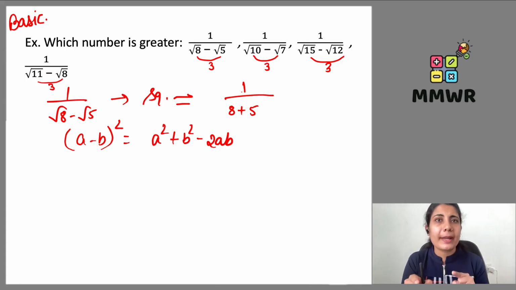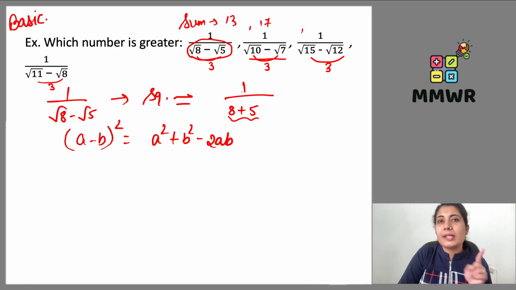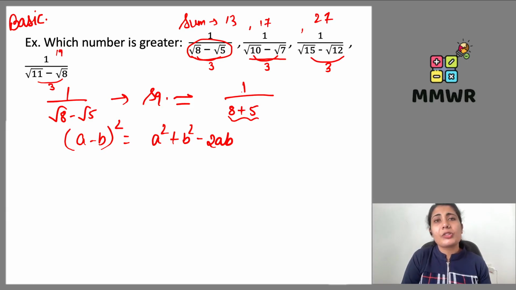So difference तो सेम आ रहा है पर एडिशन हो रहा है ना, यहाँ 8 प्लस 5 इज 13. सो यहाँ पर सम क्या है? 13. यहाँ पर सम क्या है? 10 प्लस 7 17. So sum is 13, 17 and here it is 15 plus 12, 27 and here it is 19. So sum is not same. अगर sum same होता तो हम इसको shortcut method वही वाली अप्लाई करके कर सकते थे. But sum is not same. The difference is same. So यहाँ पे हमको थोड़े extra effort करने पड़ेंगे.